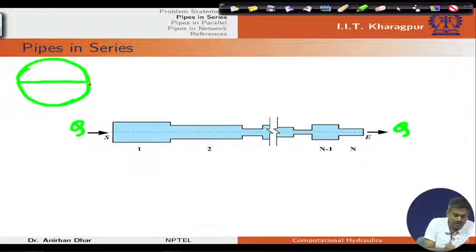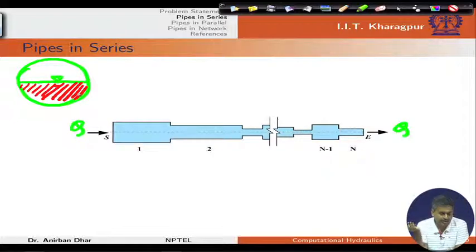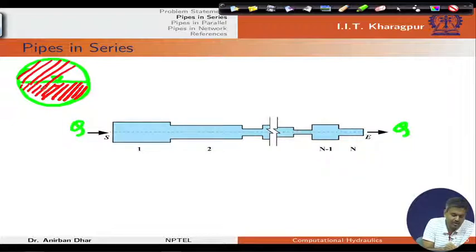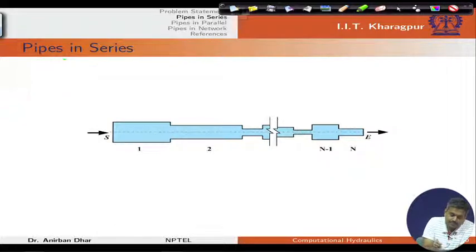Now, if this is our free surface elevation, obviously water will be there up to this. So, same cross section is having a free surface flow condition, this is open channel flow, but if it is running full with pressure, then we can consider the same channel as pipe flow.